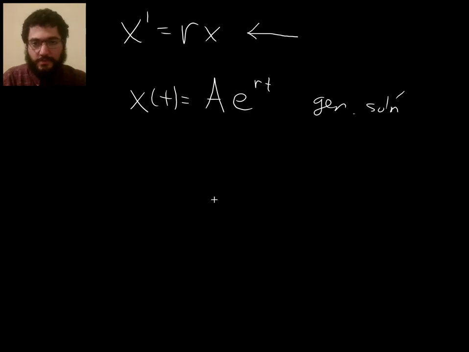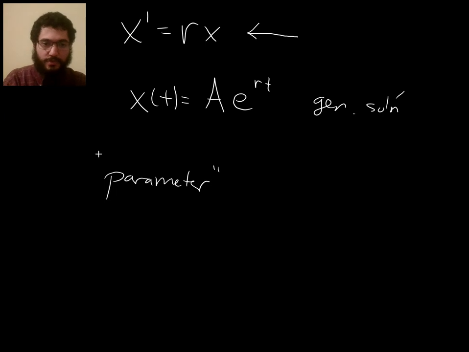One reason that I'm showing you this is that the word parameter often confuses people. It's really overused. Here you could refer to r as a parameter because it parameterizes the family of differential equations that you might be considering. For each choice of r, you get a different differential equation.